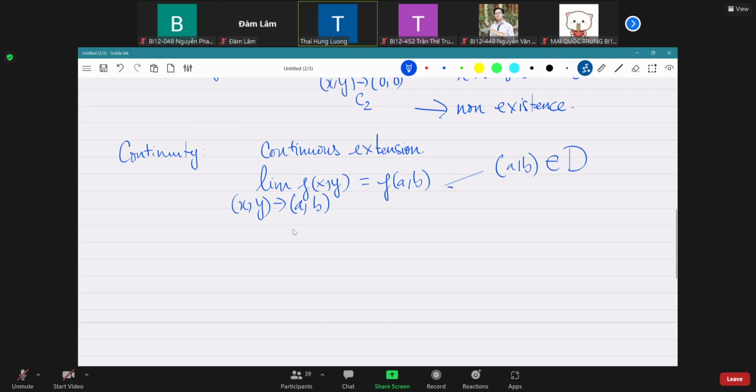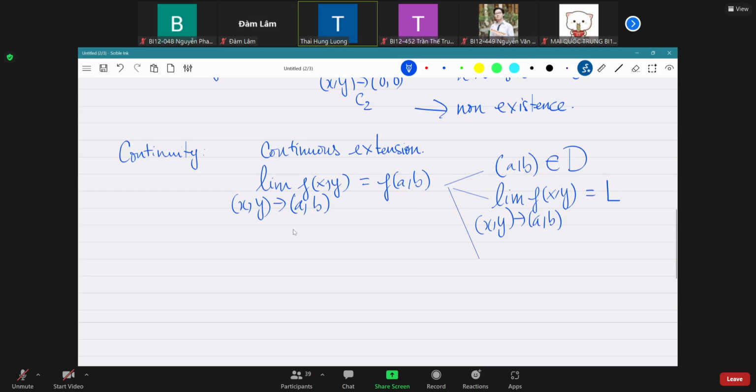Now let's look at the left side. You have a limit, right? So the limit of the function when (x, y) tends to (a, b) should exist. That is the most difficult part of proving the continuity.